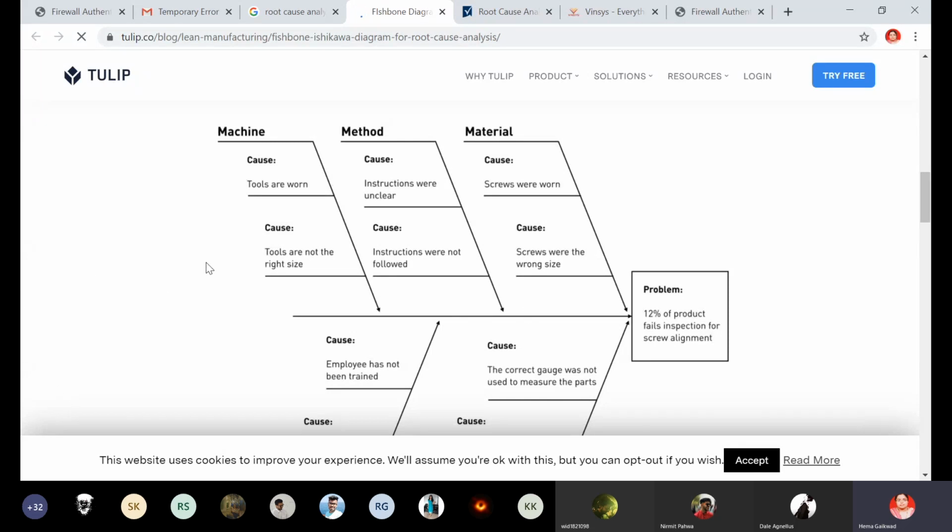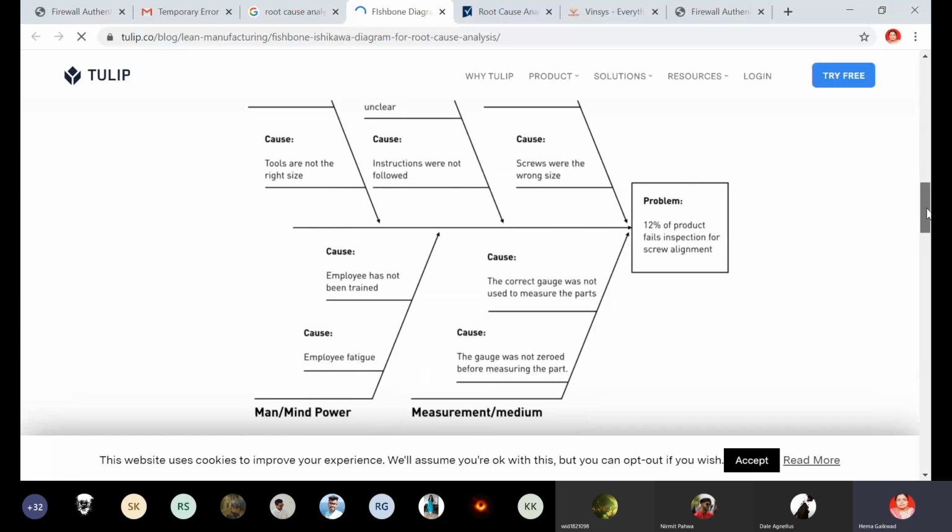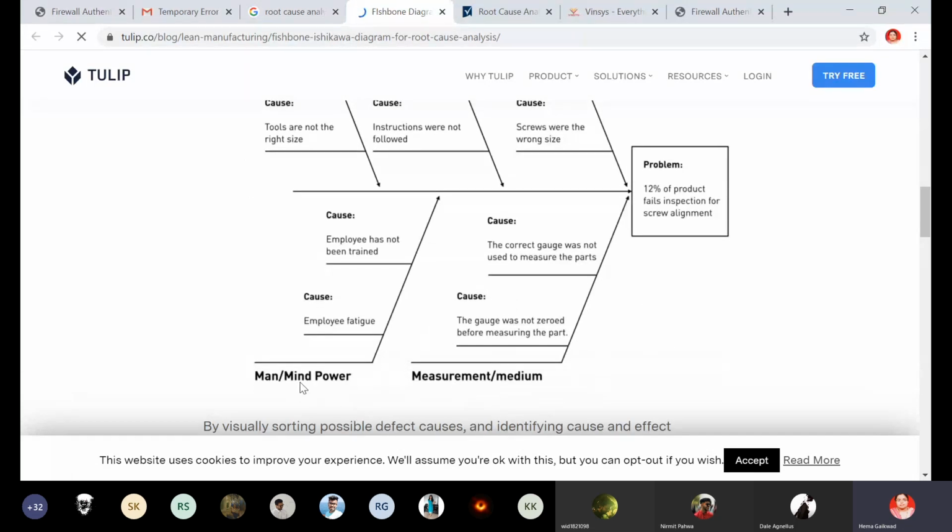In the left hand side, you have to identify the causes on the basis of different parameters. For example, this is the problem. The first parameter is machine, the second one is method, the third one is material, the fourth one is men or mind power, and the last one is measurement or medium. Clear?